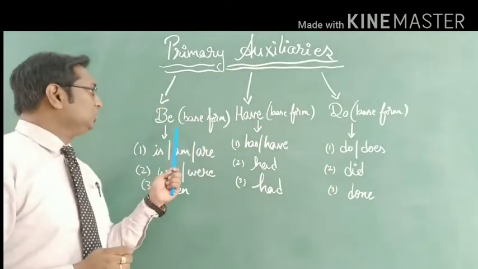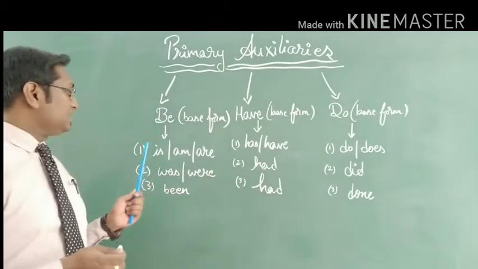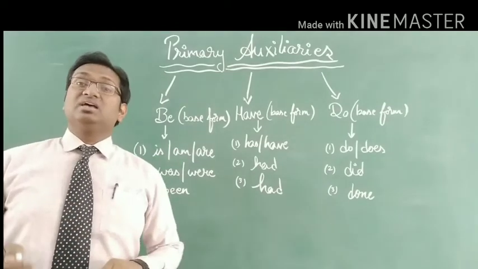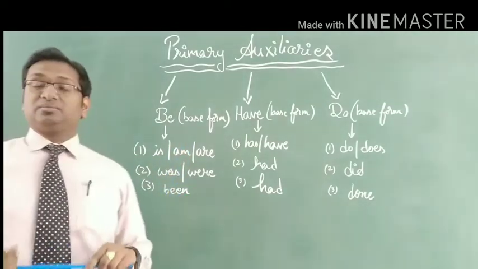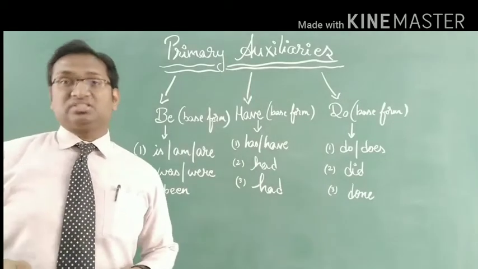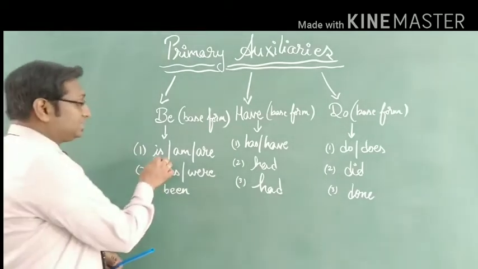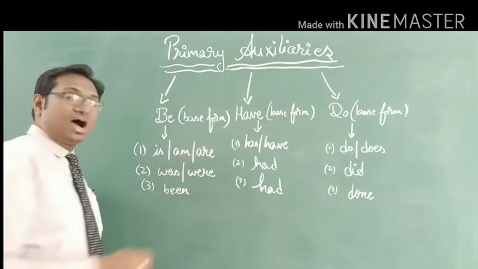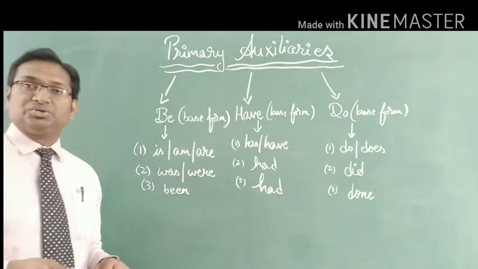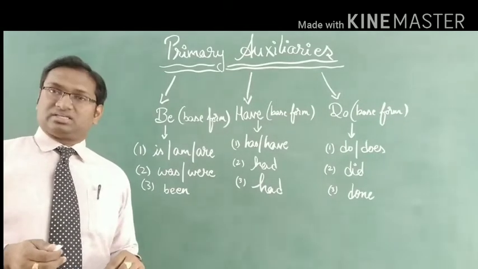Now let's move on to the first base form, that is be. Is, am, are. First we have to see that these forms are going to be used for which subject. So we have to see the subject also. With is we are going to use he, she, it.